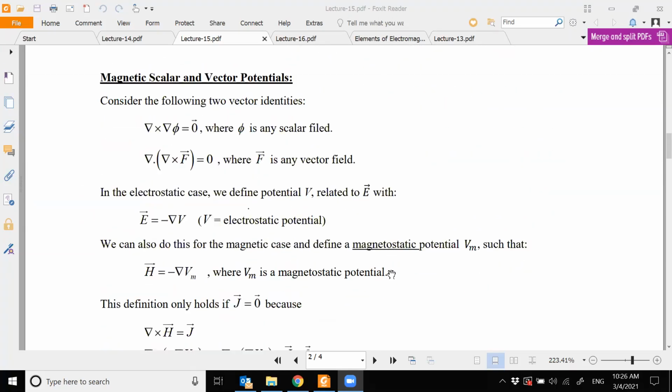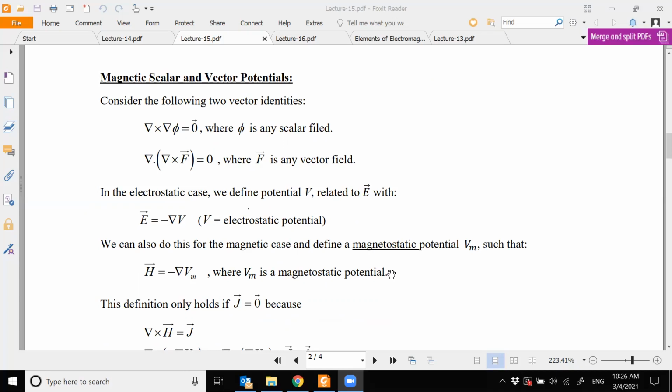Okay. So now let's go and talk about the potential, very similar to the electrostatic case. In the electrostatic case, you have an electric potential and an electric potential difference, and the electric field existing in the region is responsible for this electric potential. So the same idea applies here.